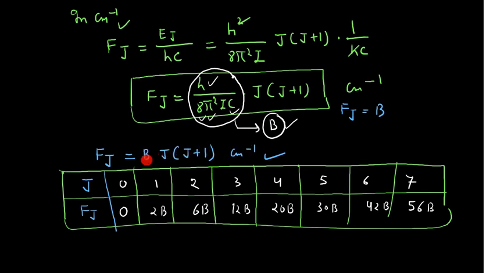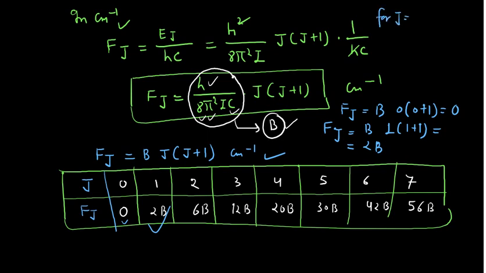B is there, and j you have put as 0, 0 plus 1, that will give you 0. That is why this Fj is 0. Now if you put j equals to 1, 1 plus 1 is 2, 2 ones are 2, that will give you 2B, that is why you are having 2B here. So you can randomly check for any one. Say for example, I can check for j equals to 4.